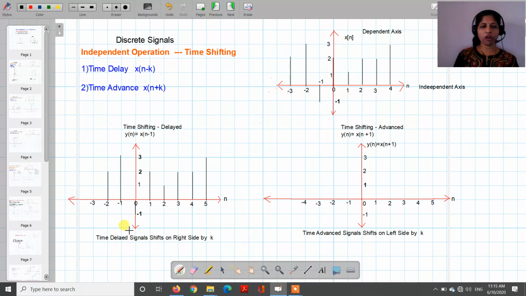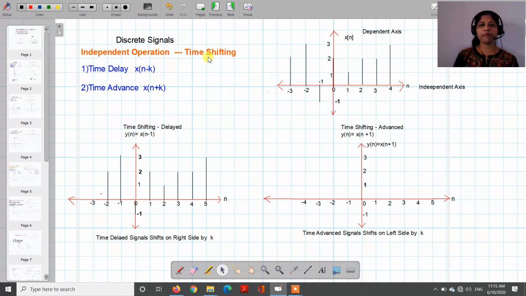Because of the time delay operation, instead of minus 3, the signal starts at minus 2. This is our delay, and that delay amount is 1.